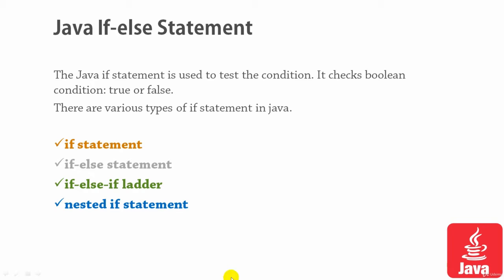Then we have the nested if statement: an if inside another if. We may want to check conditions in a scenario, say if you want to check whether a city is situated in the USA. You would first check if the city is situated in North America, then move further.